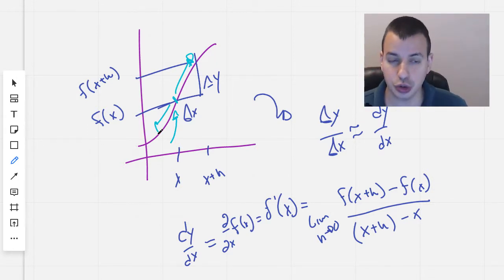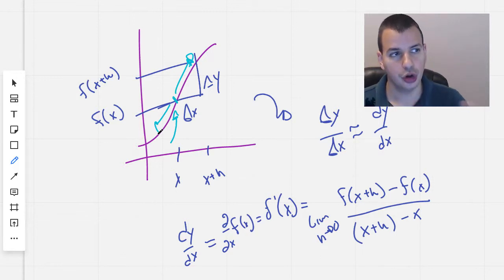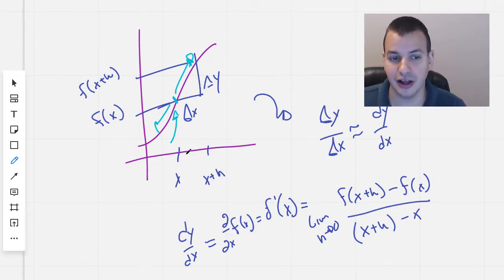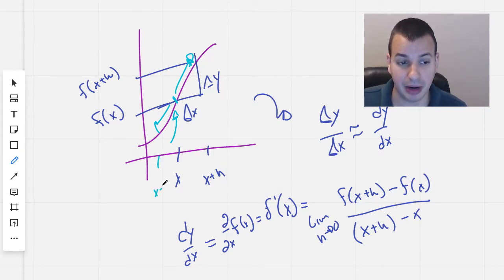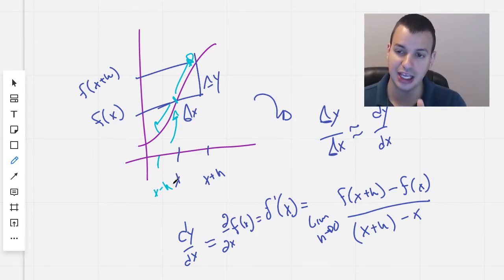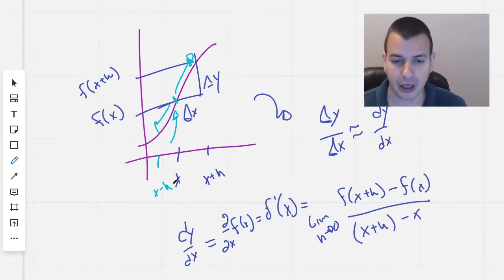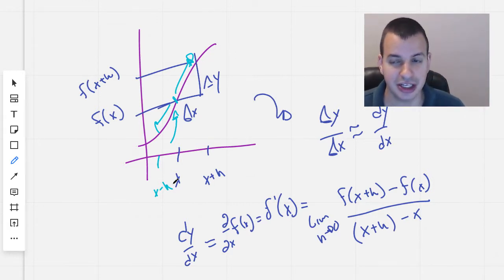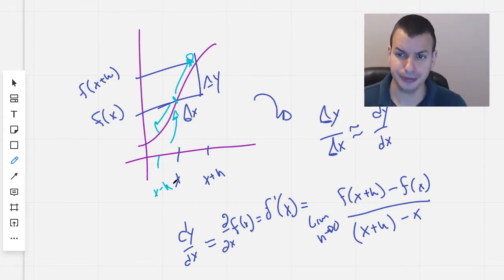And that's true. We're doing a less good approximation here by just taking the right side, x and x plus h, instead of using x plus h and maybe x minus h per se. You're right, but since h approaches 0, even if we have a mediocre approximation, as h goes to 0 it becomes infinitely good.